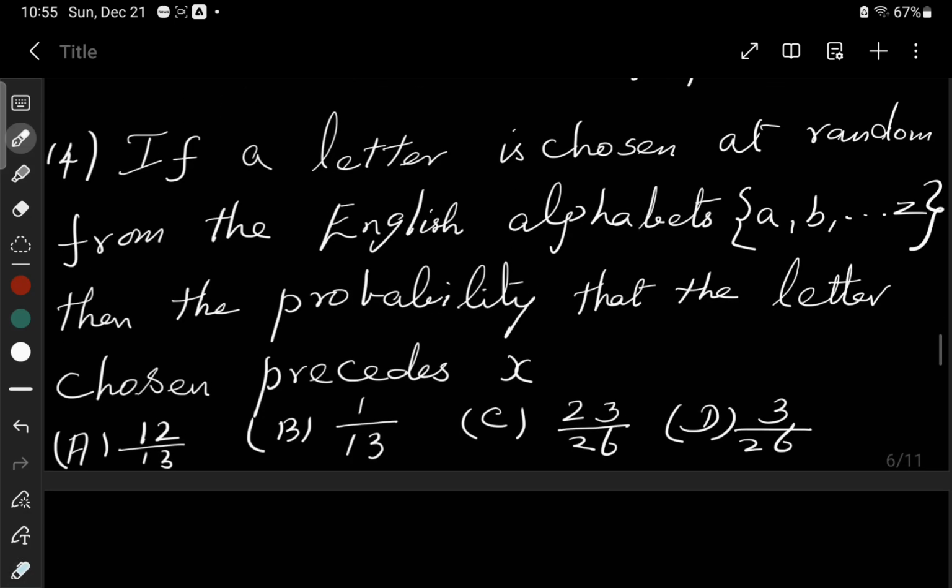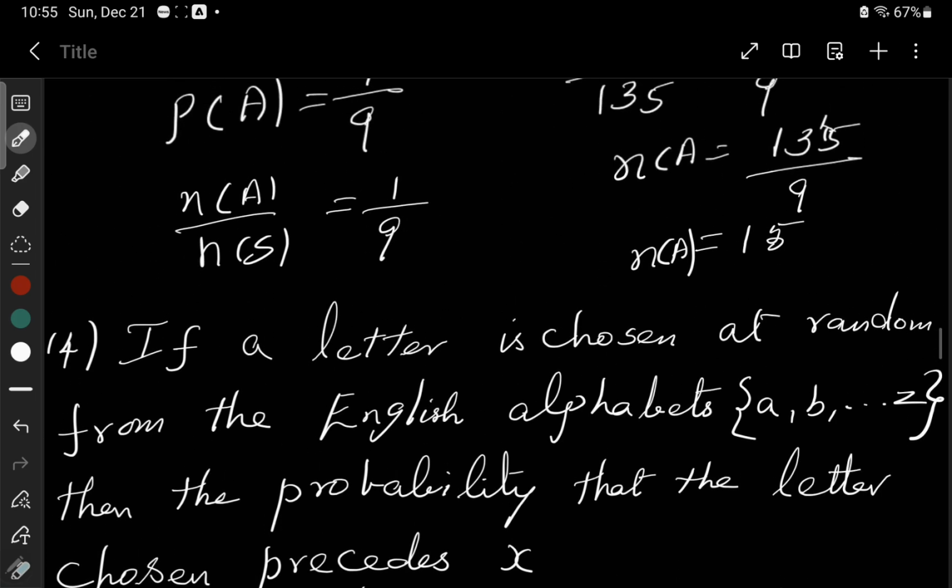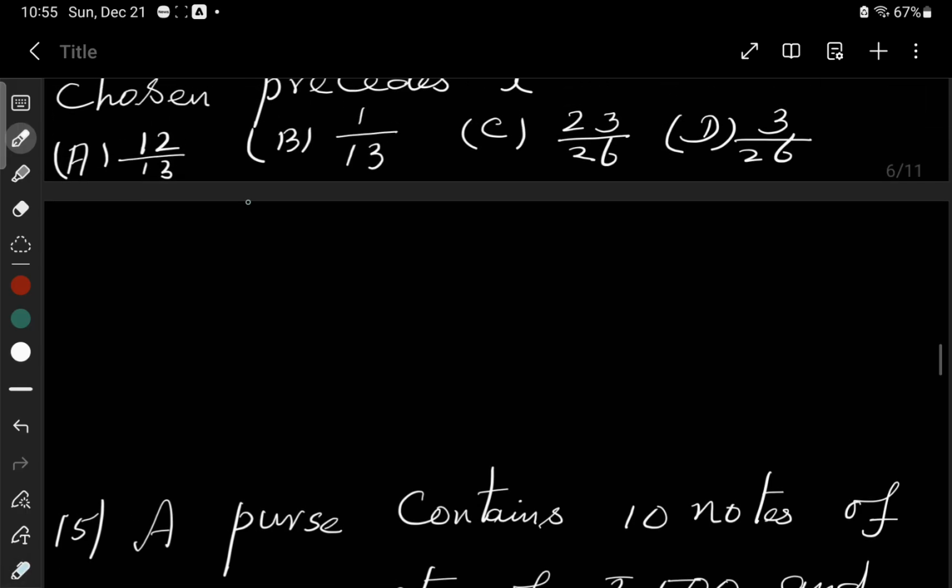Then 14th sum. A letter is chosen at random from the English alphabets A to Z. Then the probability that the letter chosen precedes X. See here, the English alphabet has 26 letters.